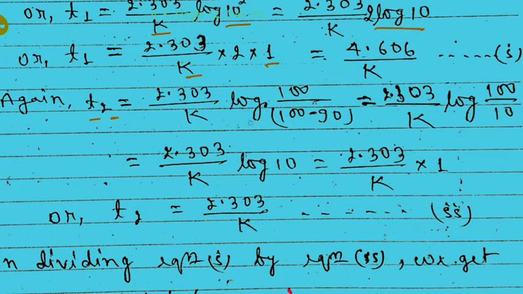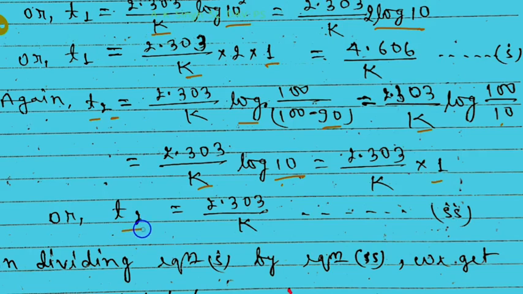Now, second case, t2 is equal to 2.303 by k log 100 by 100 minus 90. X is here 90. It is equal to 2.303 by k log 100 by 10, because 100 minus 90 is equal to 10. It is equal to 2.303 by k log 10, which is 2.303 by k into 1, because the value of log 10 is 1.